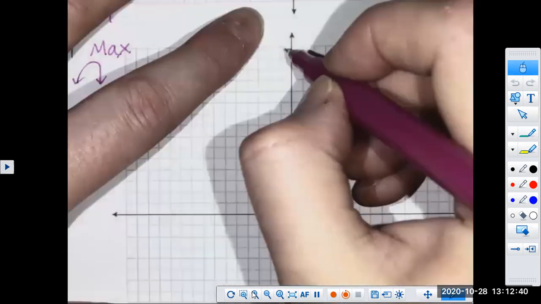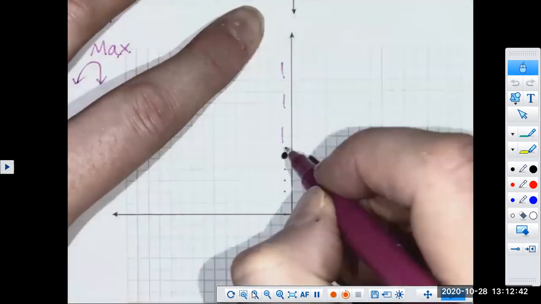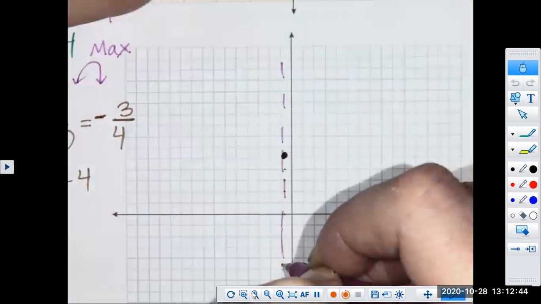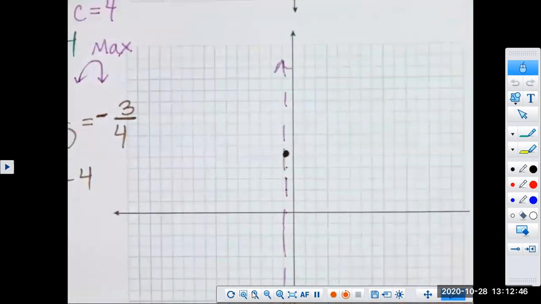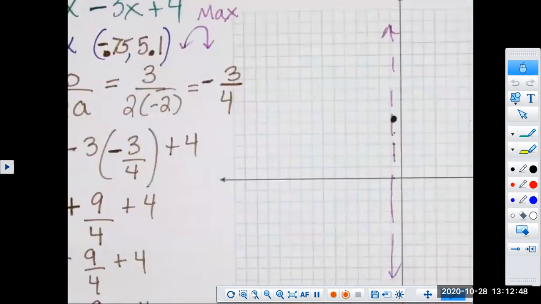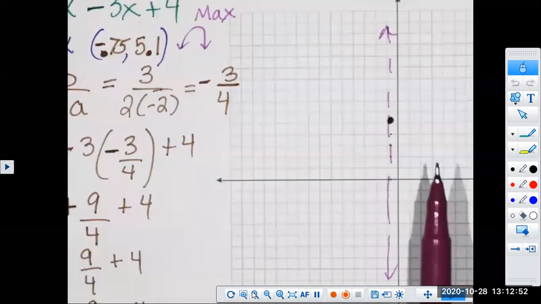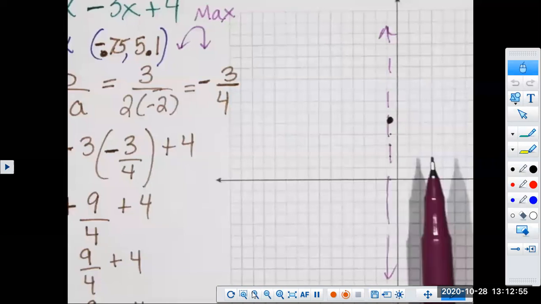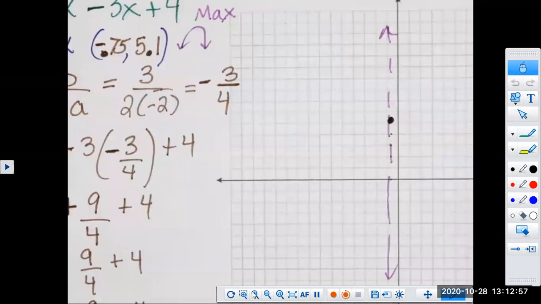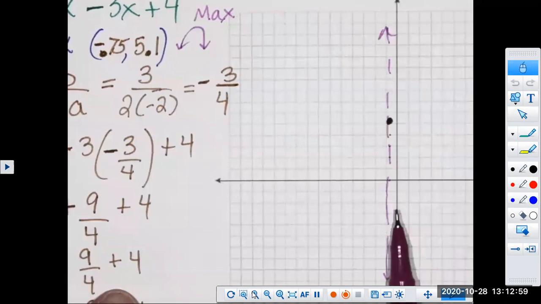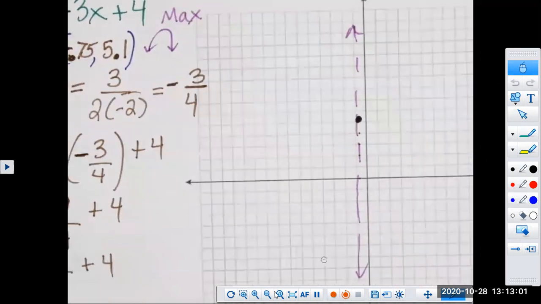You need to pick some x values that are to the left or right. So tell me some x values to pick to the left or right of this. What's to the right of it? Good. Let's choose 0 and 1.